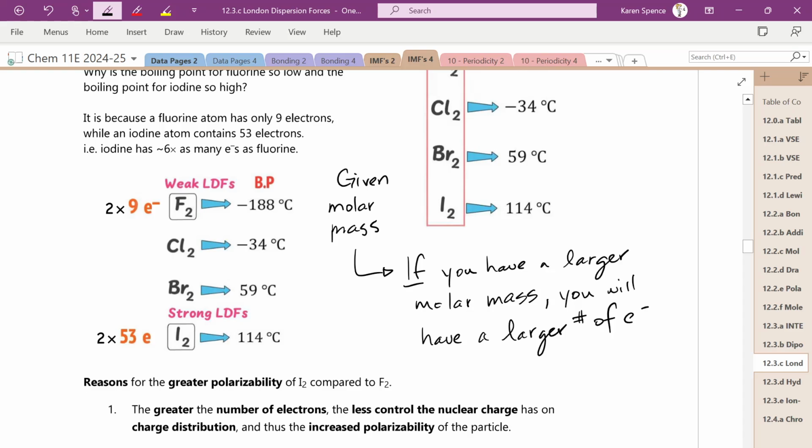They never want you to explain, oh, I have more London dispersion forces here because this has a higher molar mass. That's not why. It's because a higher molar mass means that you also have a larger number of electrons. Therefore, it's more polarizable. And therefore, the LDFs are greater.